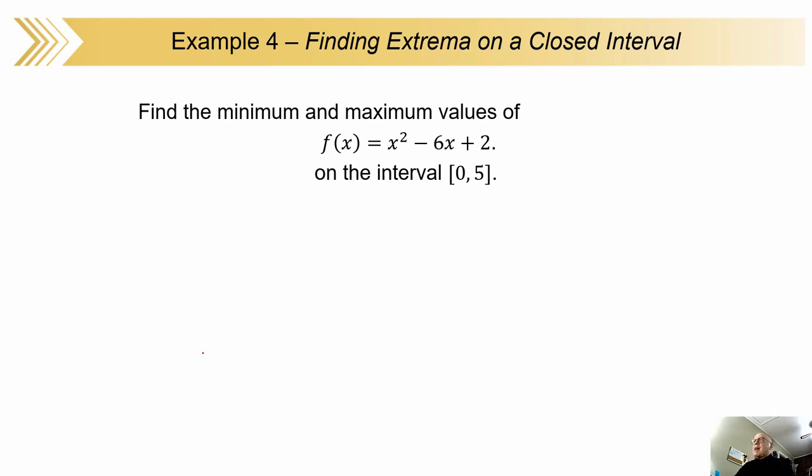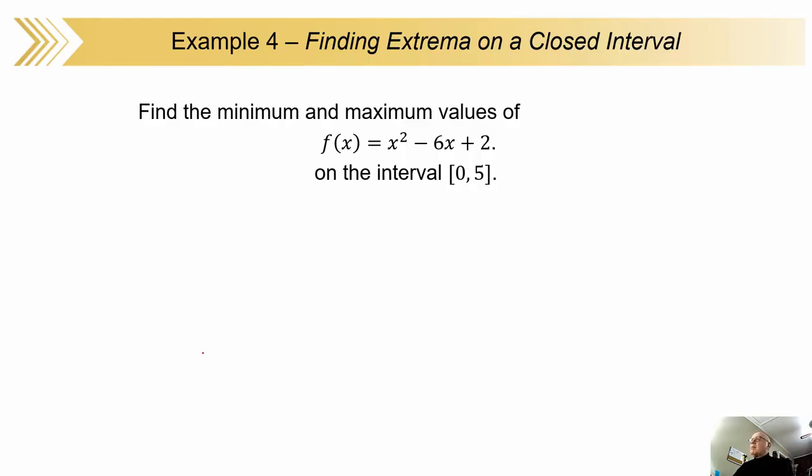So let's hit an example. We've got an interval from 0 to 5. And going back to what I said earlier, why an interval? Well, maybe this is the number of TV sets or something that you make.